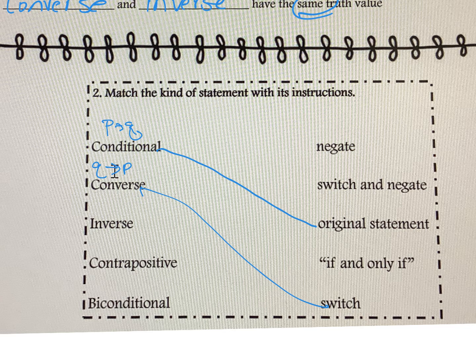The inverse, going back to your conditional statement, is not P, then not Q. So you're negating it because you're putting the not in there. Contrapositive is you're switching and you're negating. So not Q, then not P. Your biconditional will always have the words if and only if. Take off the first if, then.